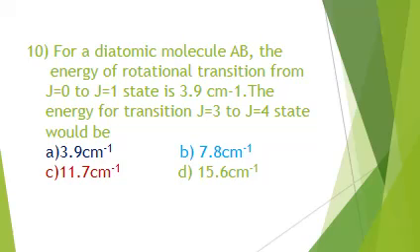If you consider J equal to 0 to J equal to 1, the delta EJ will be equal to 2B, and that 2B will be equal to 3.9. Similarly, for J equal to 3 to J equal to 4, delta EJ will be equal to 8B. Therefore, the first value 3.9 is multiplied by 4, and you will get the value of 8B. The correct answer is 15.6 cm^-1.